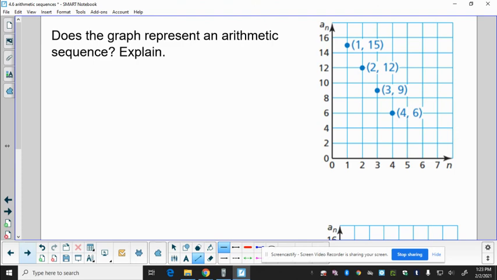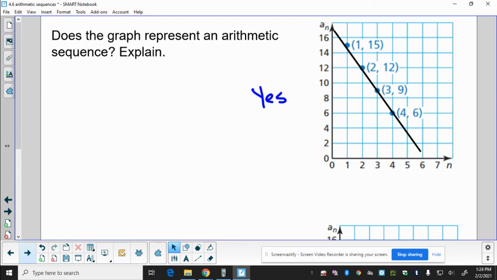Does that graph represent an arithmetic sequence, everyone? The answer to this question appears to be yes. Those points are in a line. That must be an arithmetic sequence. You might even be able to tell what your common difference is.